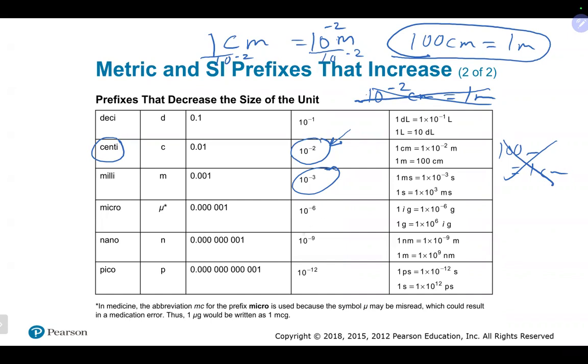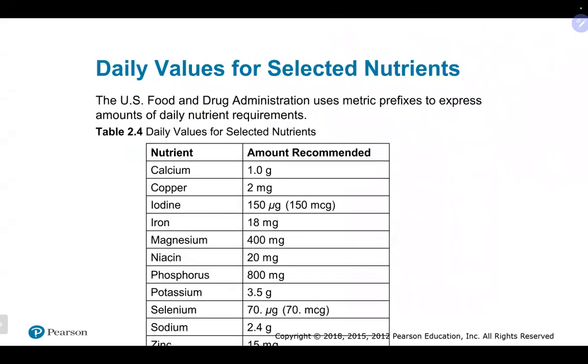So if we had nano, which is 10 to the minus 9, that would mean that I would have in 1 nanometer 10 to the minus 9 meters, right?